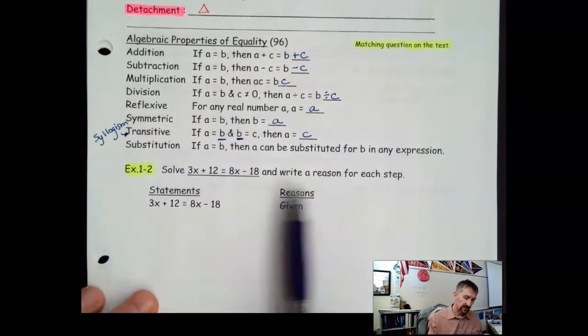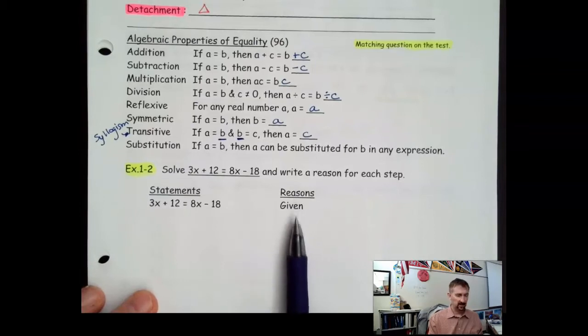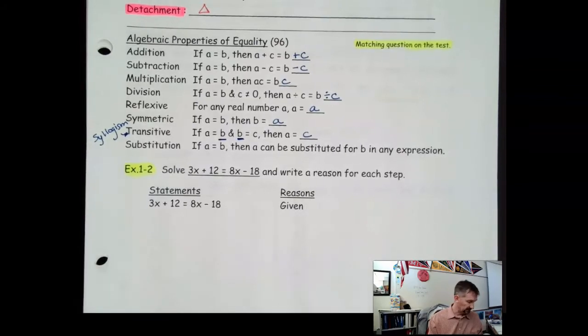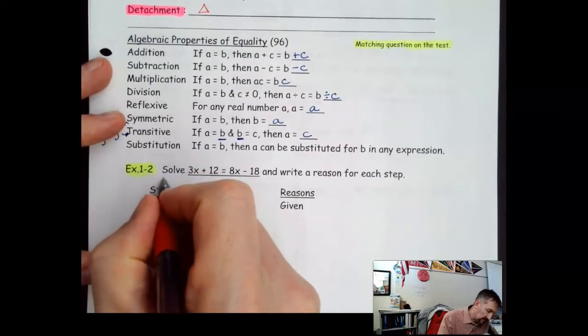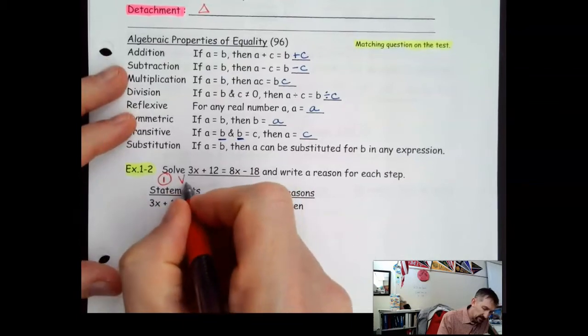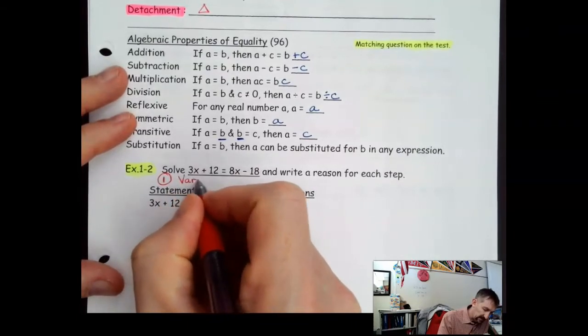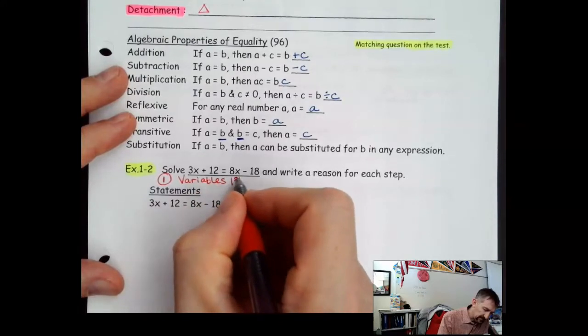Here we're going to solve this equation and we're going to write a reason for each step. Now, you guys should have been writing these out for a while, so it shouldn't be that big a deal. The main thing is you want to get the reason. There are two things you want to keep in mind. Number one, normally we try to grade things this way: variables first. Deal with the variables first.